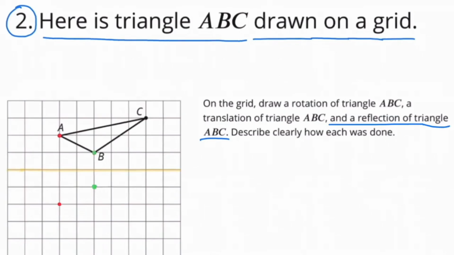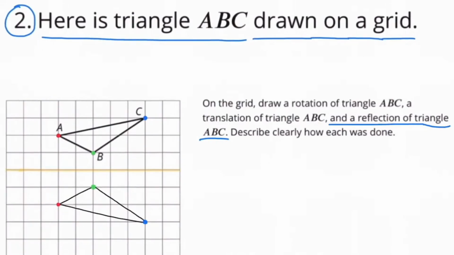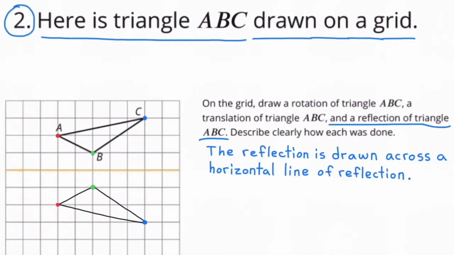I'll do the same for B. B is 1 point above the line, so I'll place B 1 point below the line, and C is 3 points above the line, so I'll place point C 3 points below the line for the reflection. Here's a look at the reflection with all 3 sides to the triangle. The reflection is drawn across a horizontal line of reflection.